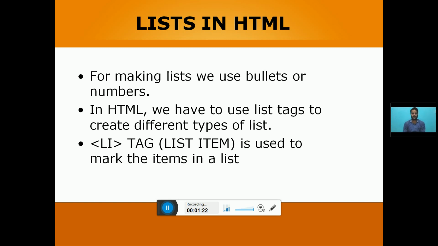You have seen some web pages which consist of lists. To make a list we have to use HTML. HTML gives us the platform to make that list in our web page, and we can give different types of lists in that web page.